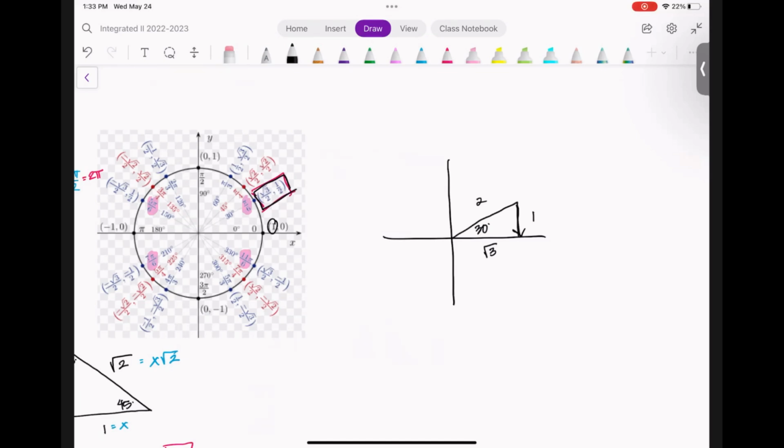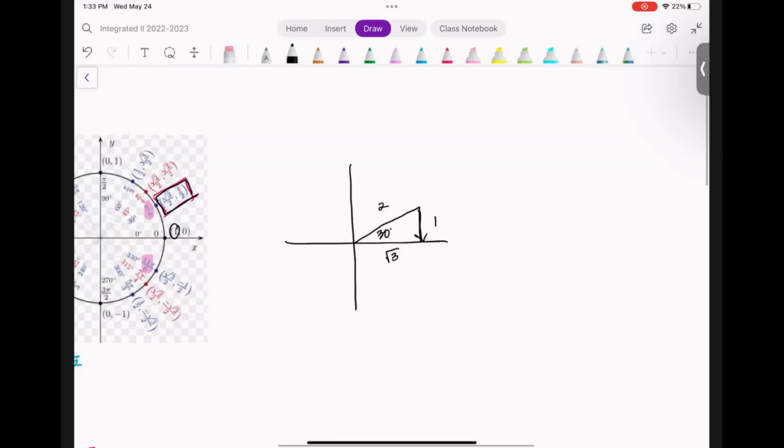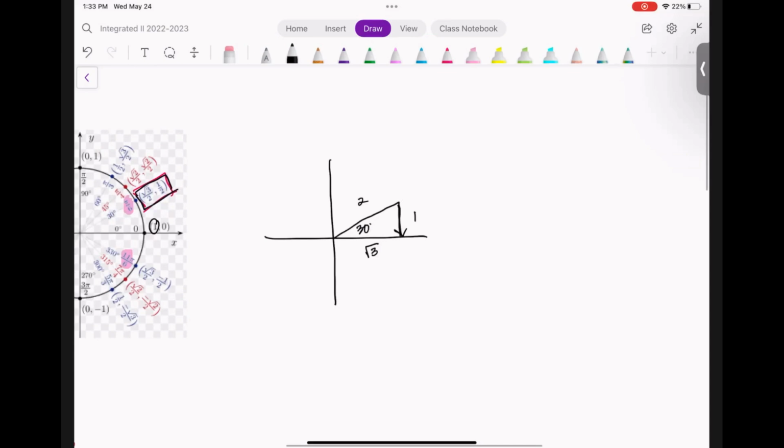Okay. So the last thing that I'll teach you, and this is something new, is that in the unit circle, x equals cosine of theta and y equals sine of theta.